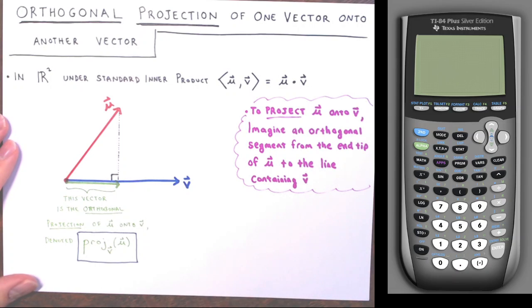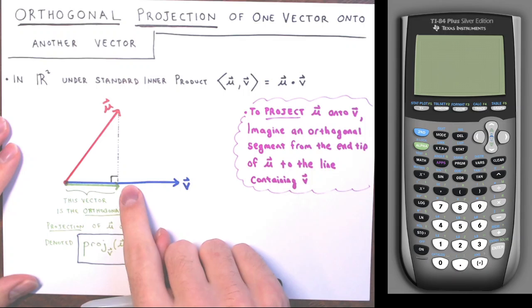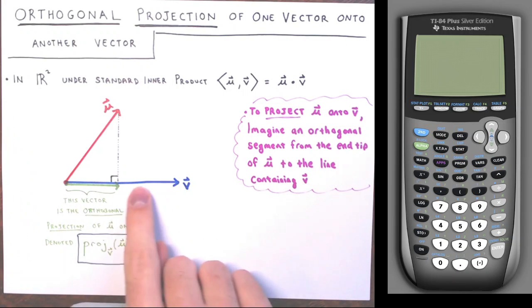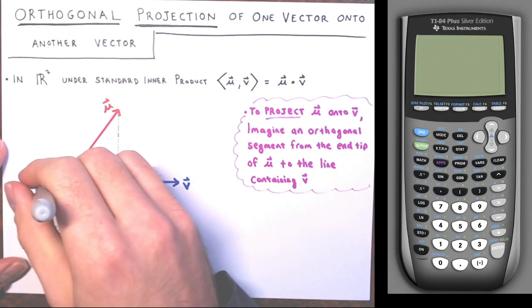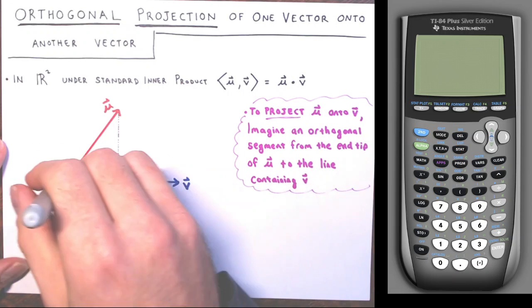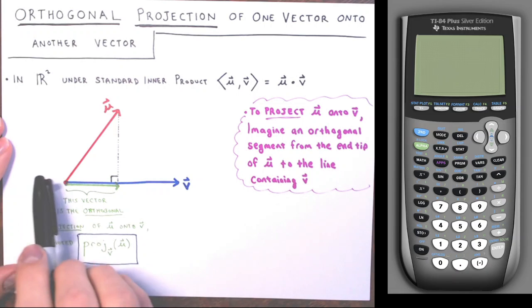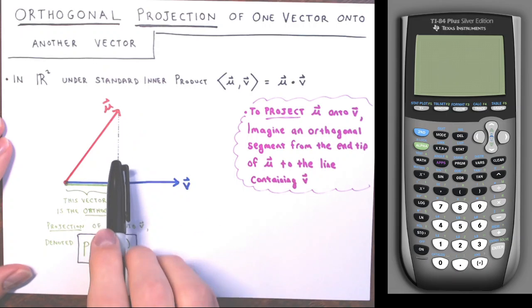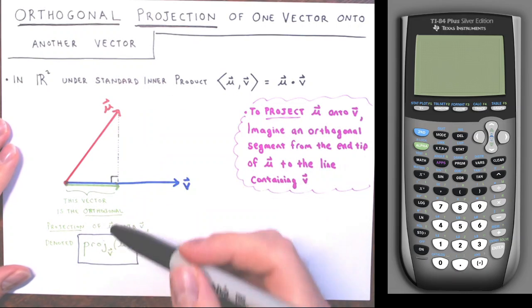The orthogonal projection of u onto v is just the vector on the line containing v, or the span of v. Remember, if I were to extend it, I could draw a line containing v if I wished. But it's the vector on the line containing v that is closest to vector u. It's the shortest distance.